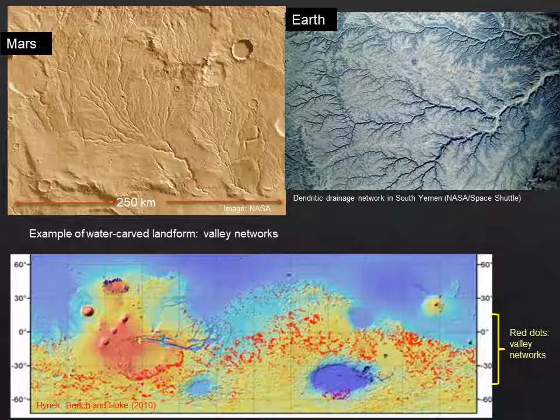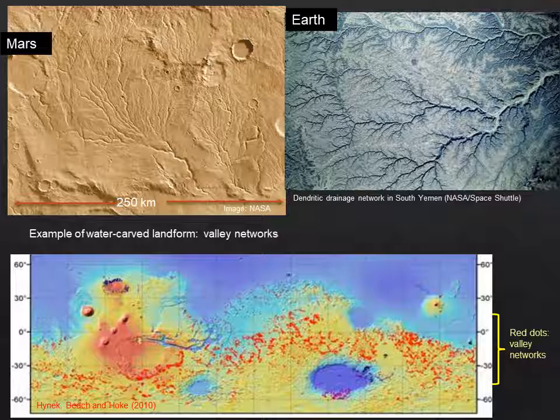So this is an image of a valley network at the surface of Mars and one of many valley networks that we have observed on Mars. It is very similar to drainage networks that we observe from space at the surface of Earth. For example, here we have an example of a drainage network in South Yemen.